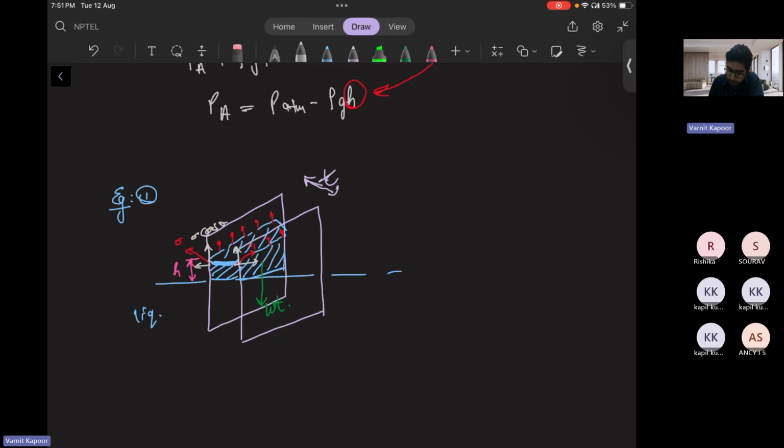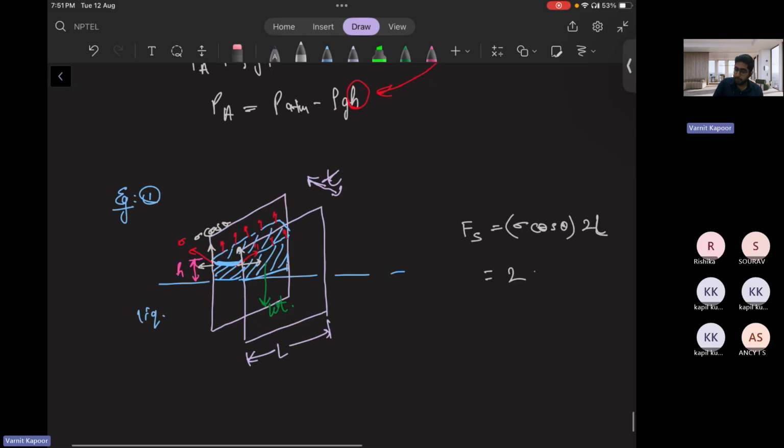So again, we will see what is surface tension force Fs. It is nothing but sigma cos theta, and this time L will be for the left interface and the right interface, so it will be 2 times L. What is L? This is your length L. It is 2 sigma cos theta L. Whereas weight will be specific weight into volume.